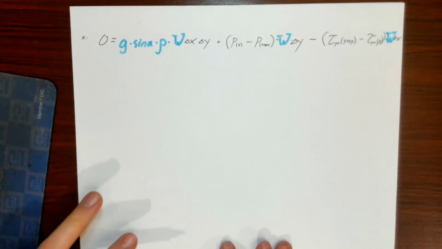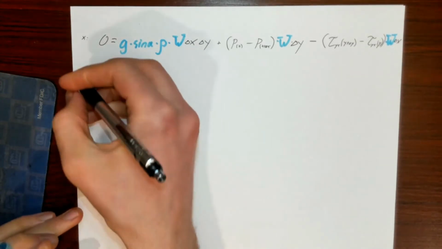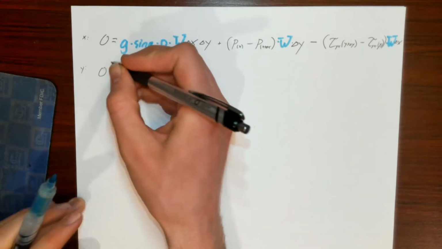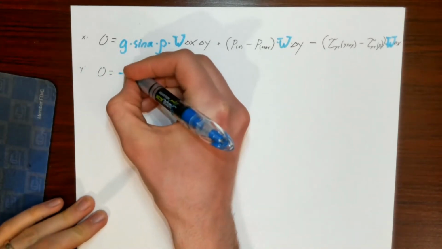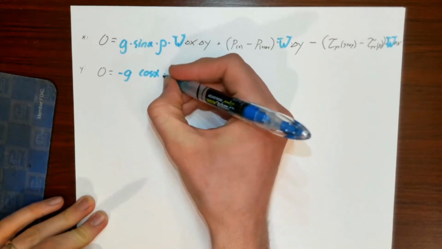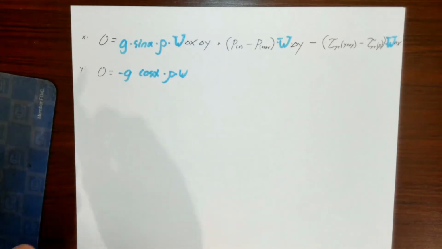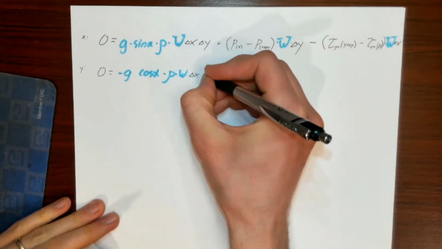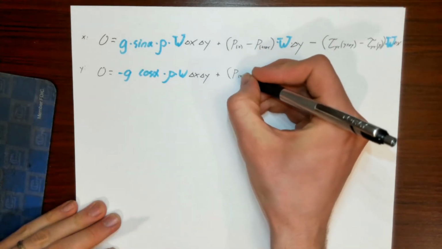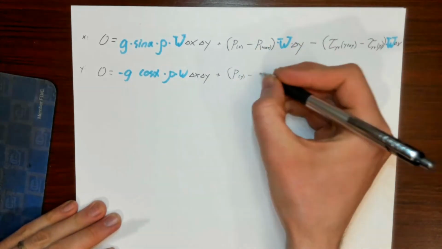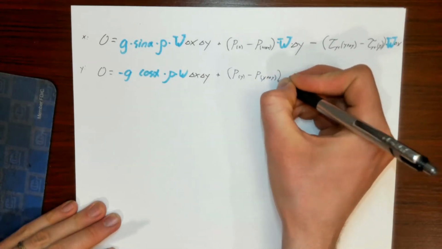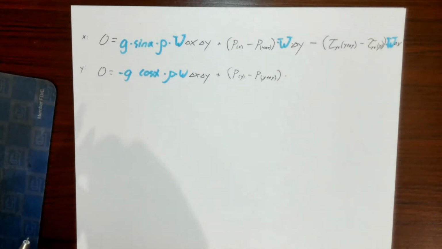Now, for y, we have 0 equals minus g cosine alpha times rho times w times delta x delta y plus p at y minus p at y plus delta y times w times delta x.